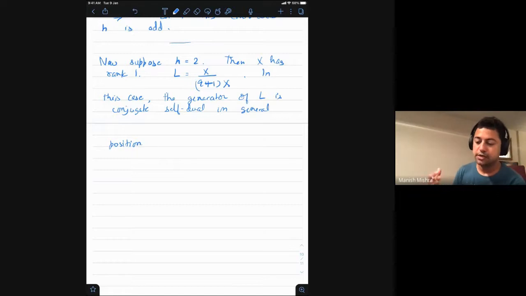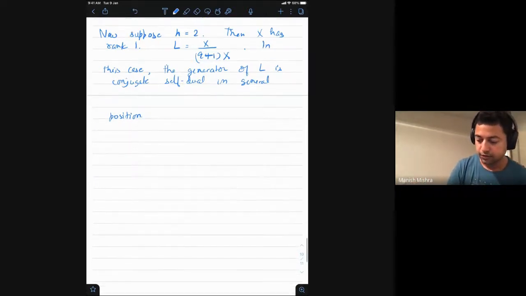On the generator, the unique nontrivial Weil group element of order 2 acts by q, and q plus 1 is equal to 0. So q acts by negative 1. So it takes the generator to its negative.